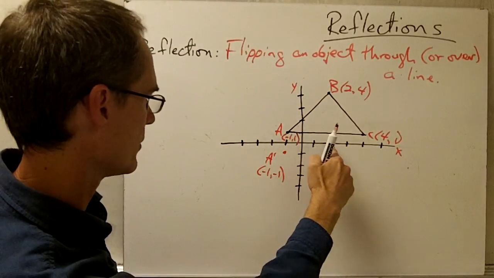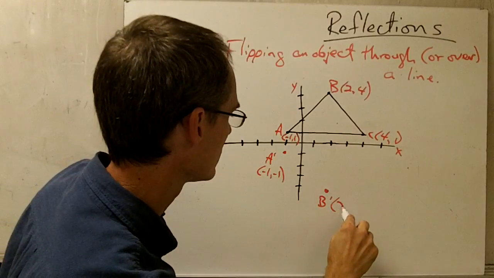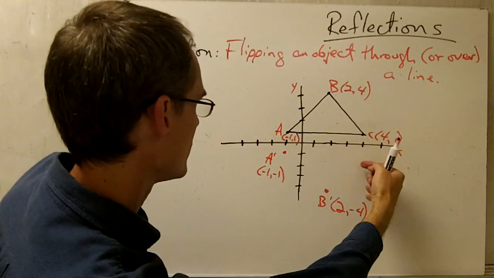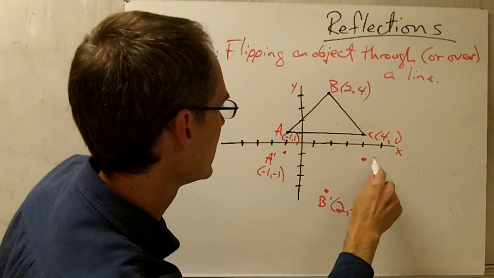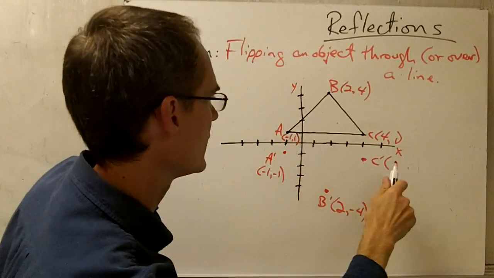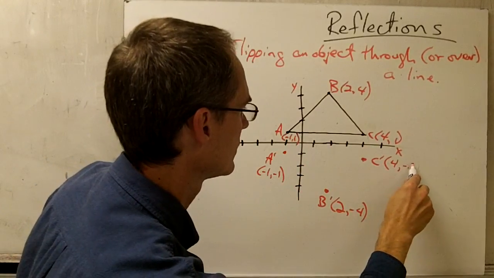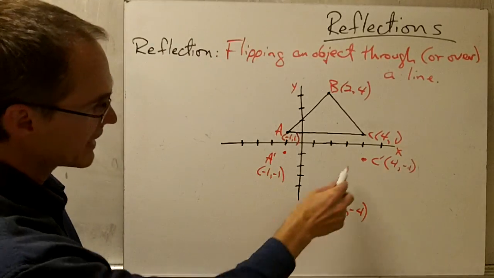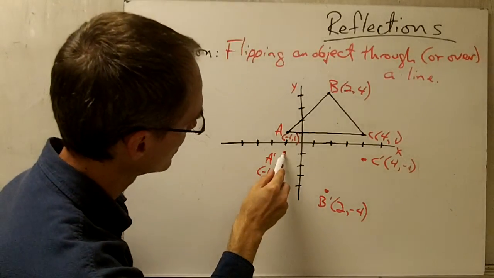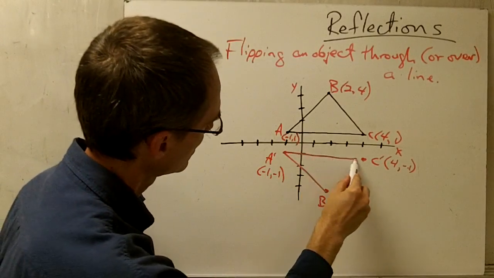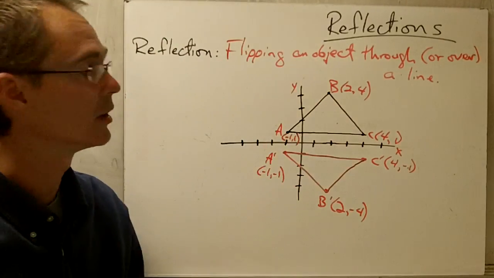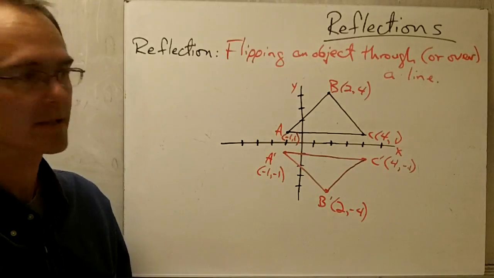Those coordinates are going to be 2, -4. And C is going to move down here, so C prime is going to be 4, -1. So now that I have my three reflected vertices, I just need to connect those up. And now I've reflected my whole triangle through the x-axis.